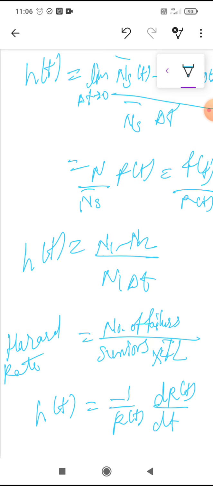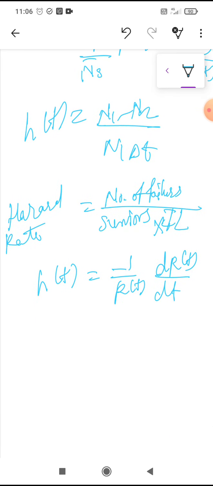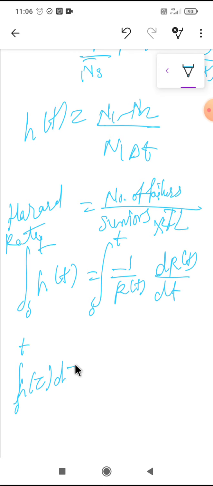If I integrate both sides from 0 to t, I will get the integration from 0 to t of h of tau d tau equal to minus 1 upon r into dr by dt. The dt I bring to the other side, so it is 1 upon r dr, which will be minus ln of r of t.